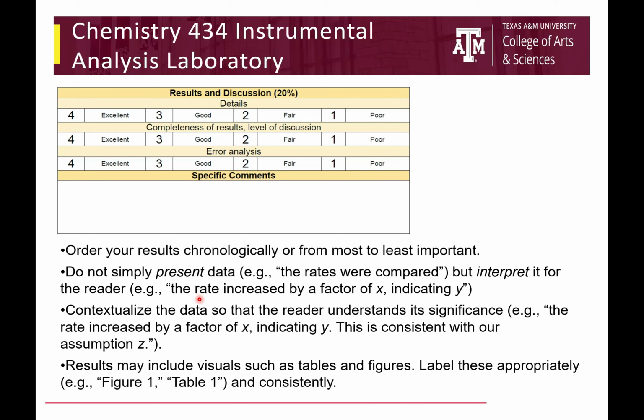For instance, if you looked at mobile phase composition and how it impacted a separation, talk about that, okay? Why did that happen that way? Really, we want to see that you put it in context of everything else that's going on, so that, one, the reader understands the significance, but also that you demonstrate that you understand the significance.